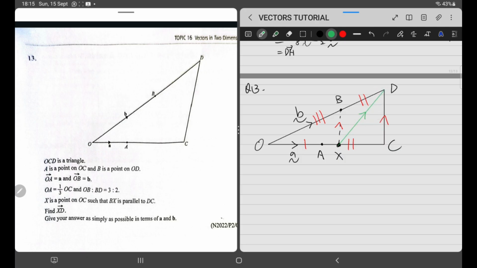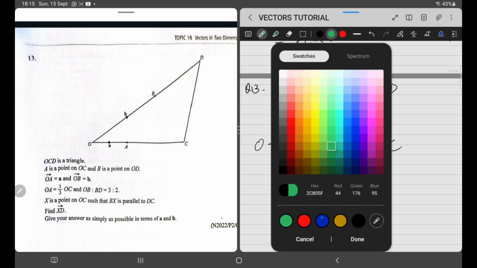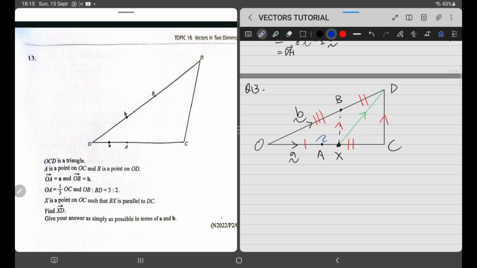Now if you want to walk from X to D, you can just walk from X to O, and then O to D, right? So what is essentially your OX?